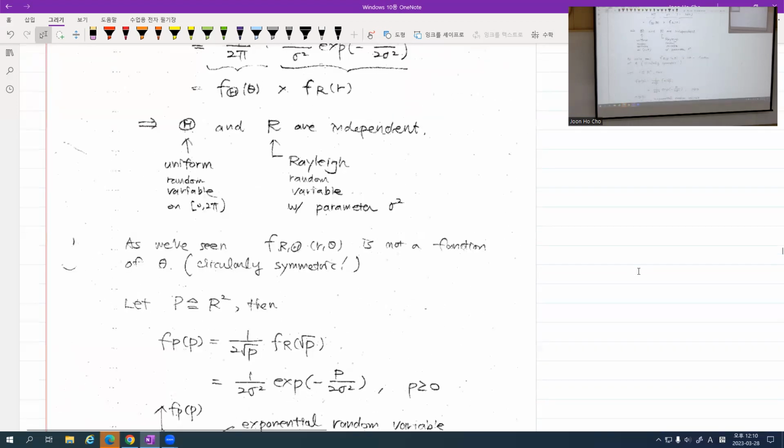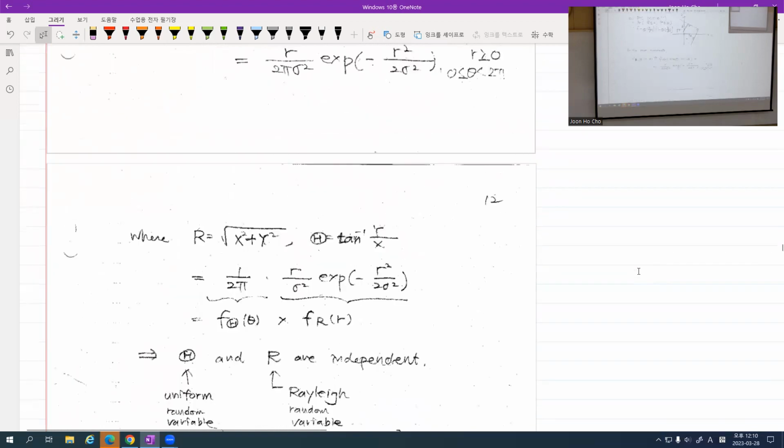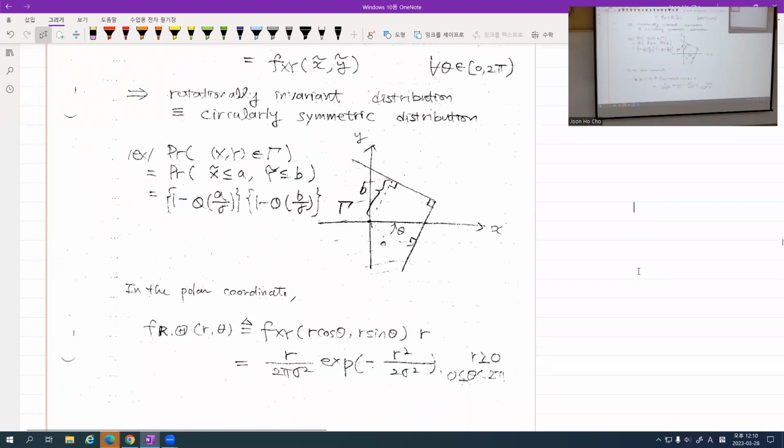And now, we've already seen that, and I already mentioned, if we find the density of R and theta when the mean is the zero vector, then what happens? This is the conversion formula you have been remembering from freshman calculus: you replace x with r cosine theta, and y with r sine theta, and you multiply by r to get the density of r and theta.